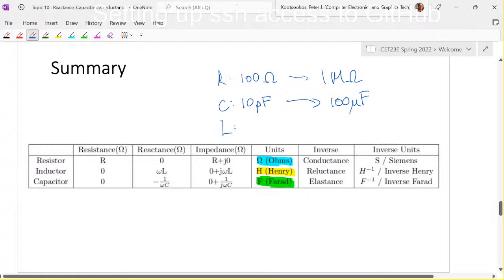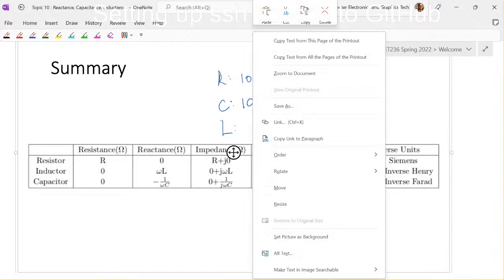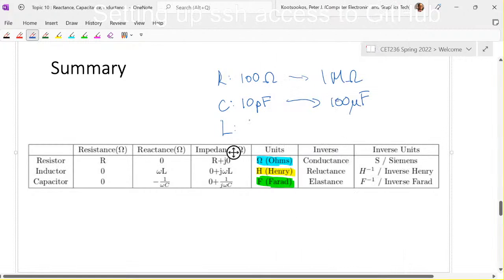And I'm not sure about the inductors. Let's say 1 microhenry up to about 500 millihenries. Probably nowhere near 500 millihenries.